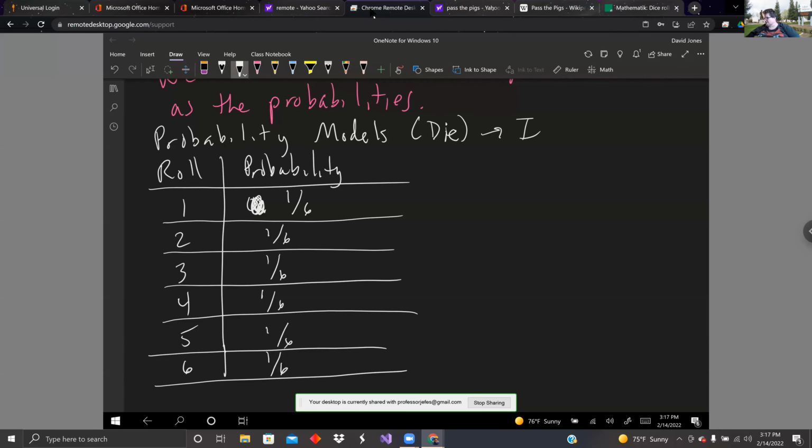It lists all outcomes with all the corresponding probabilities.